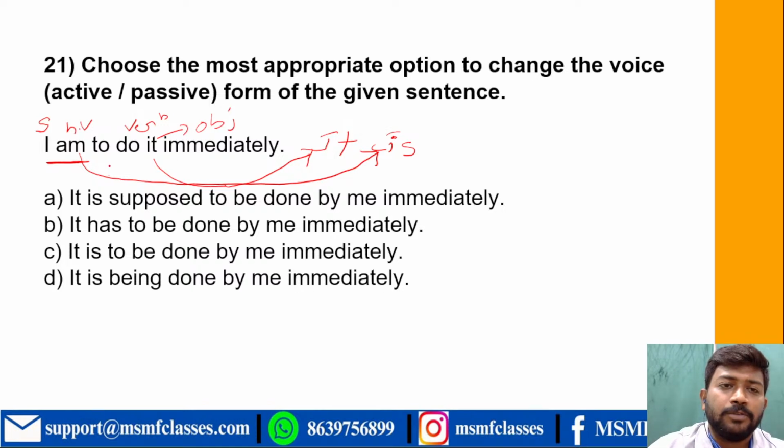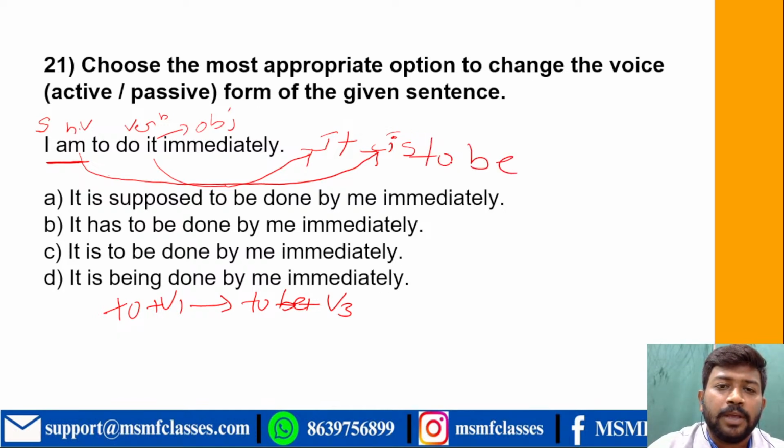Next, whenever we have 2 plus v1 in passive voice, it changes to 2b plus v3. So it is to be. It is to be, and v3 done. It is to be done by whom? By me.